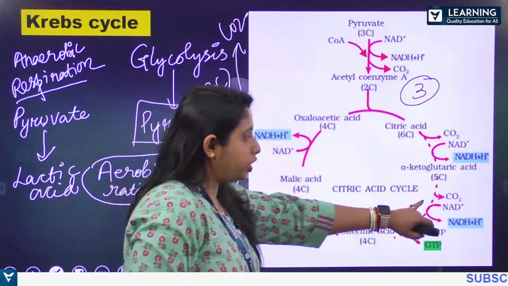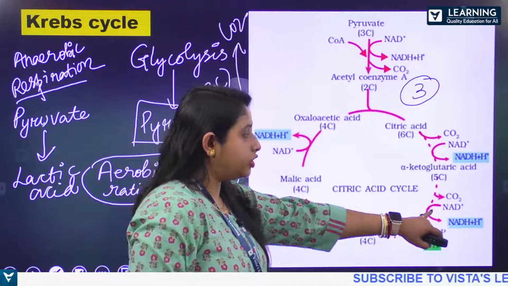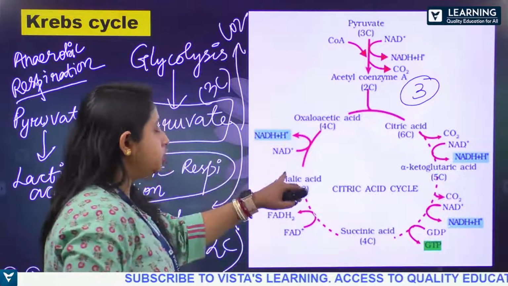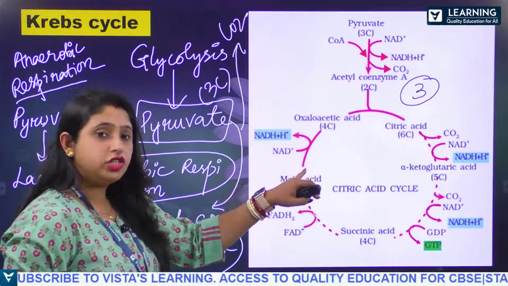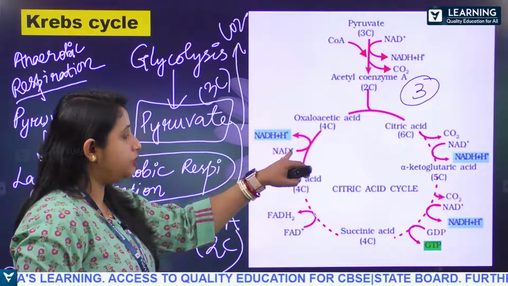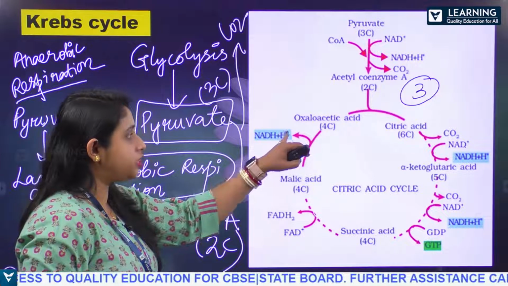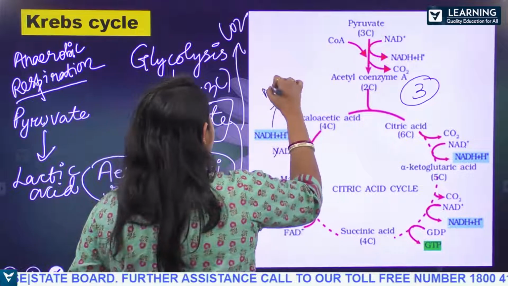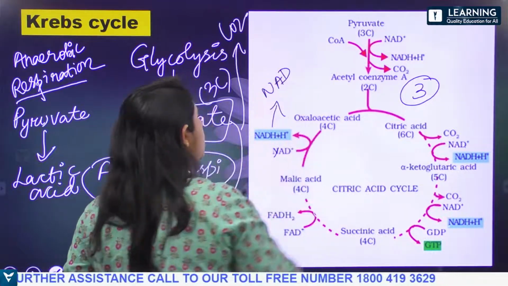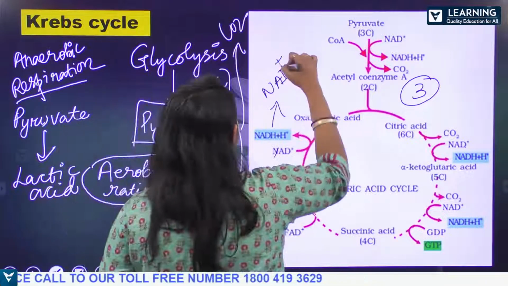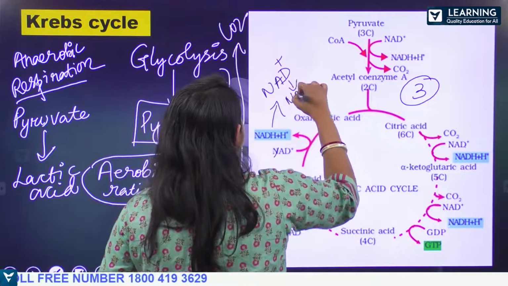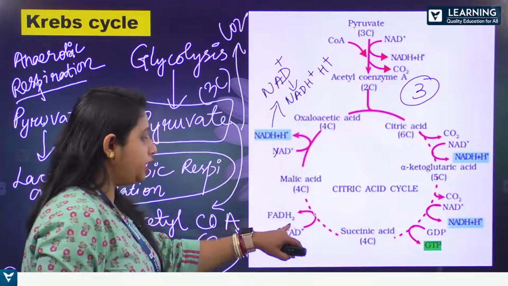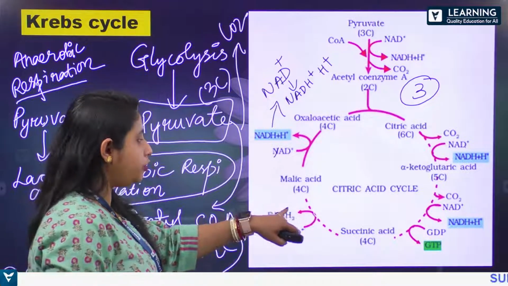When alpha ketoglutarate got converted, NAD plus got converted into NADH and H plus. During the regeneration of malic acid also, NAD plus got converted into NADH and H plus. So there are three places where NAD plus got converted into NADH and H plus, and at one place FAD got converted into FADH2.